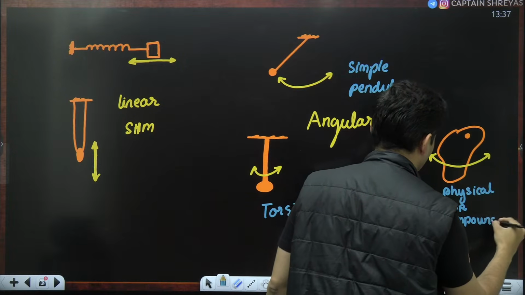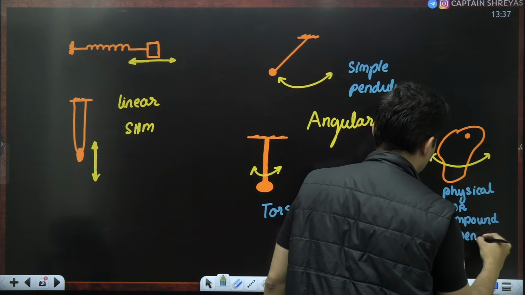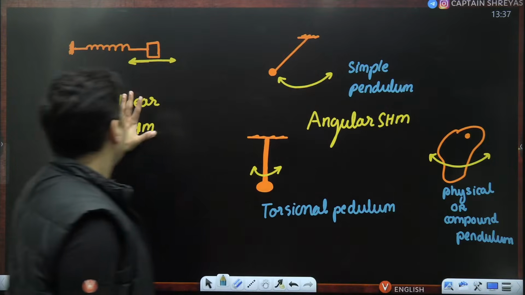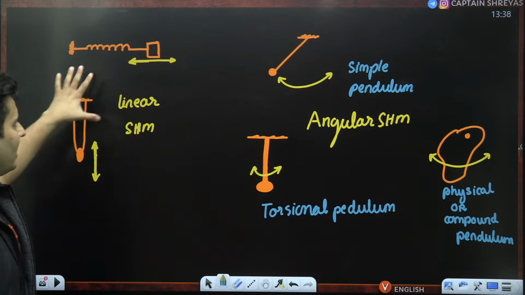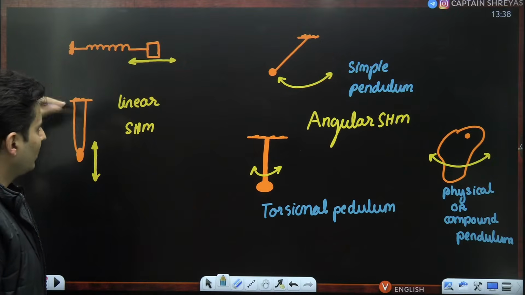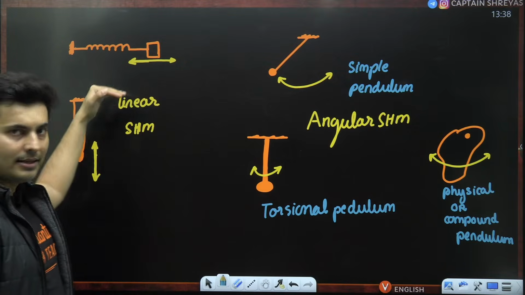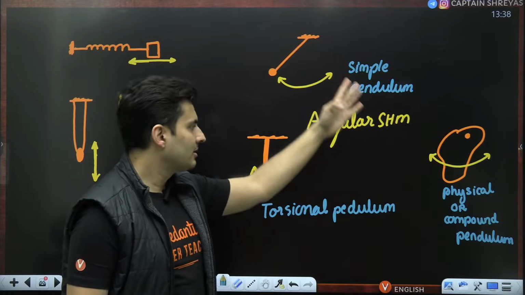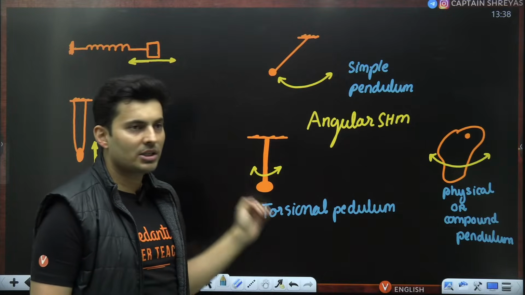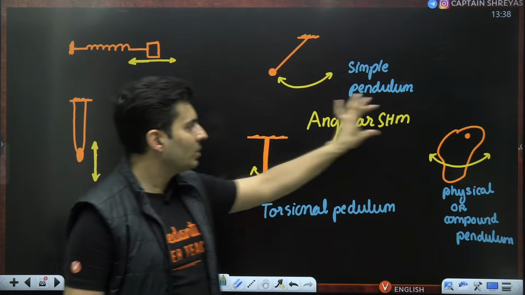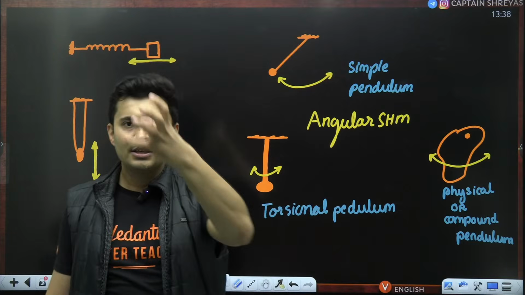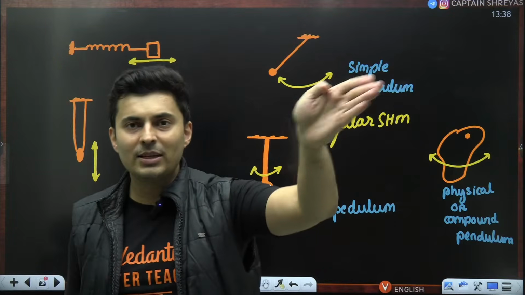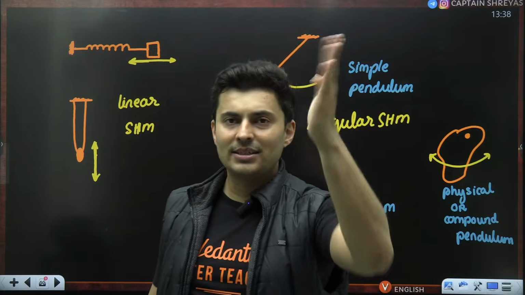So before the break, we have seen linear SHMs where objects are going back and forth along a straight line, they are translating. After the break, we are going to see these three things: simple, physical and torsional pendulum, which are a part of angular SHM, meaning they will displace along the arc of a circle, thereby displacing an angle towards the center.